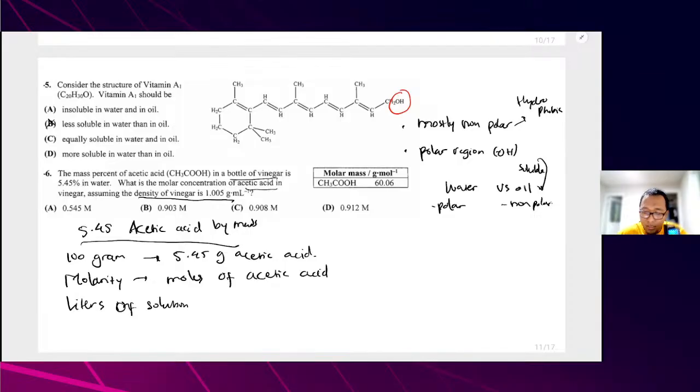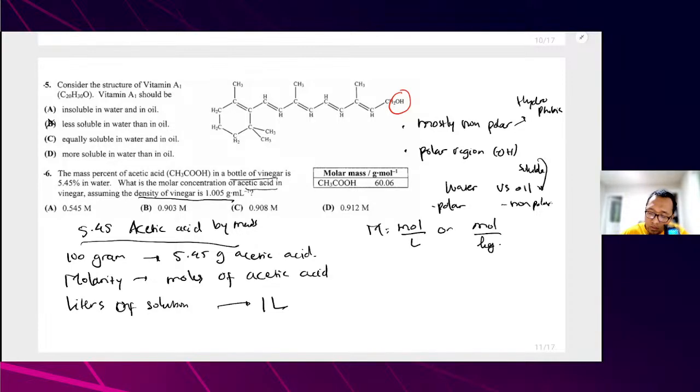Let's assume we have 1 liter, because molarity is mole per liter or mole per kg.